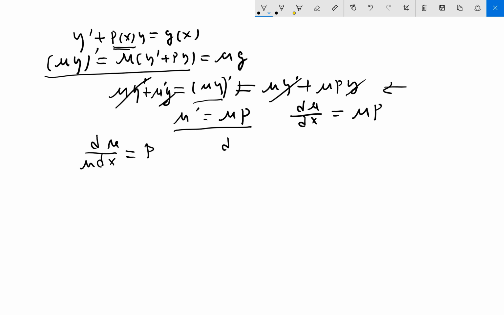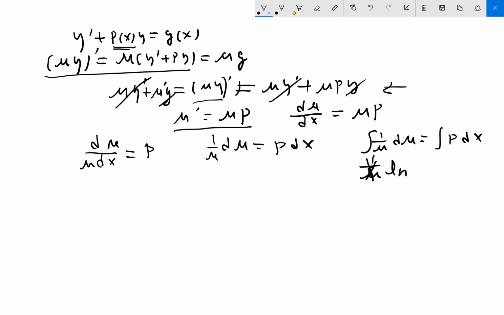We got this: d mu 1 over mu equal to p dx. Now, if we integrate this on both sides, you got this. The left-hand side is about mu. This integrate that give you ln mu equal to integral of p dx.